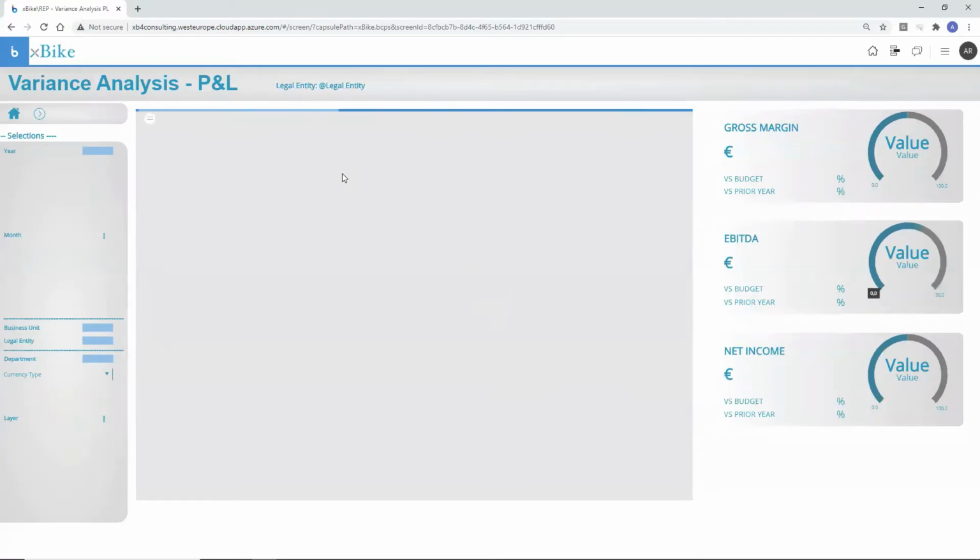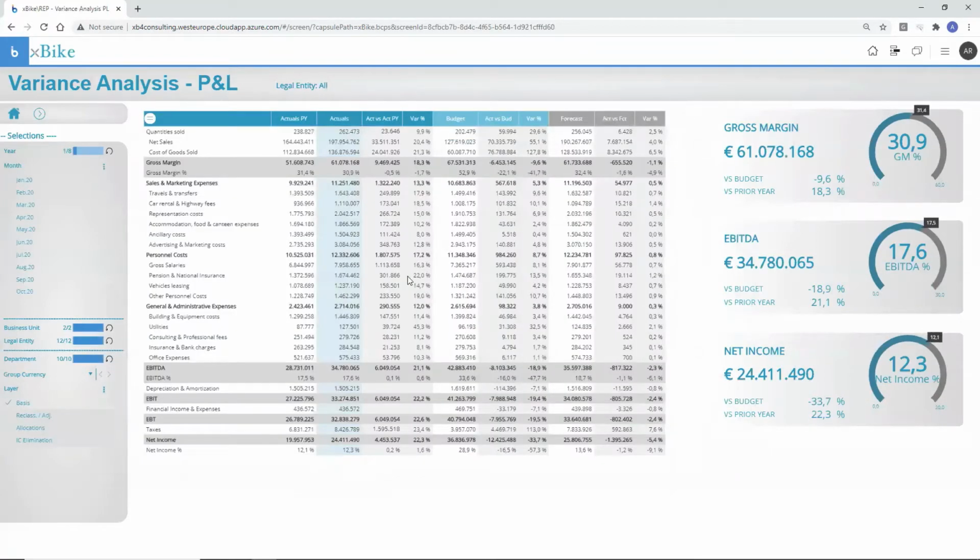This is nothing really rocket science. It's just a basic profit and loss statement, which most of the organizations have. What you find in this report is the P&L structure, so the different reporting lines of the P&L, starting with the volumes, the net sales, the gross margin, then different types of expenses, the EBITDA, up to net income.